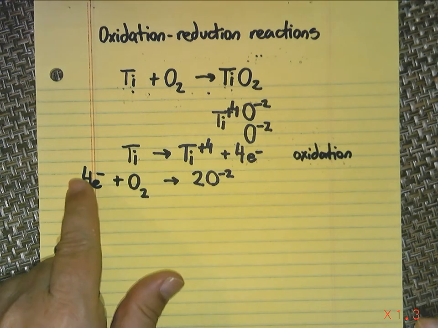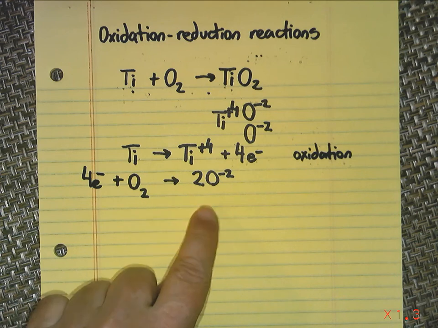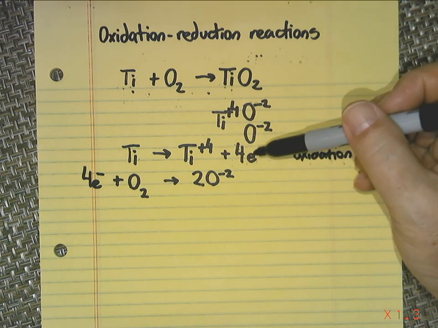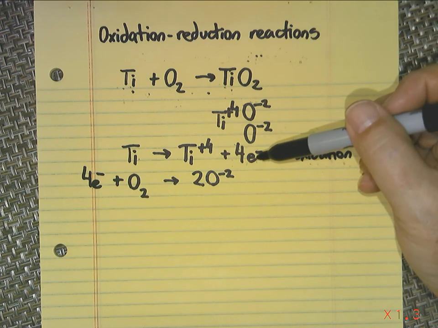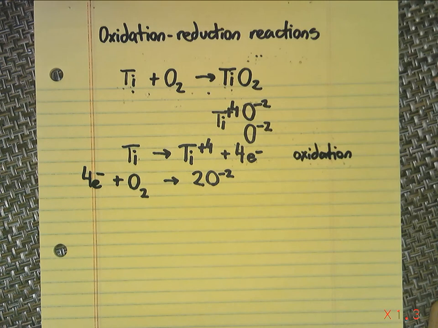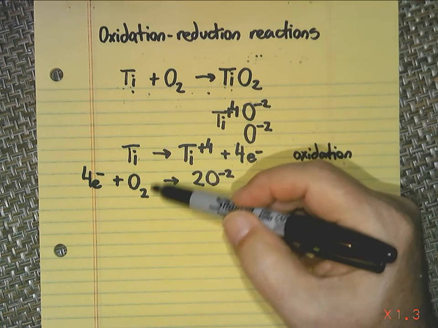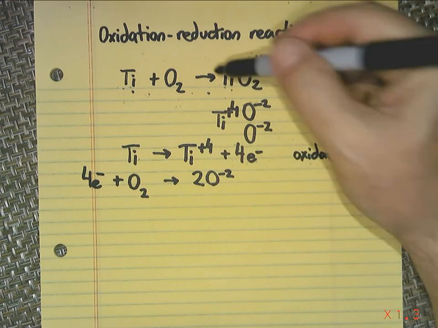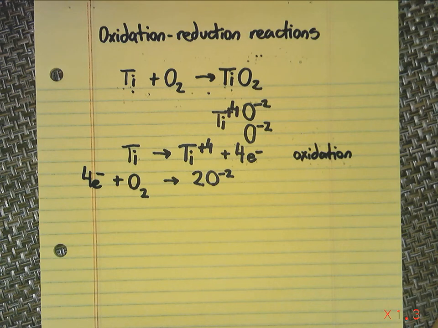So 4 electrons are supplied to the O2, and it becomes 2 oxide ions. Notice that the amount of electrons that are released by the titanium are the amount that is absorbed by the oxygen here. So when I couple these 2 reactions together, if I add them together, they will give me this reaction.